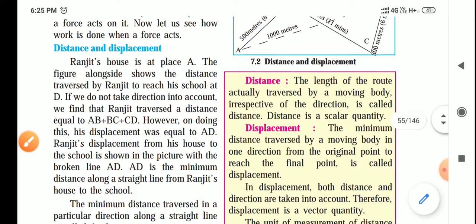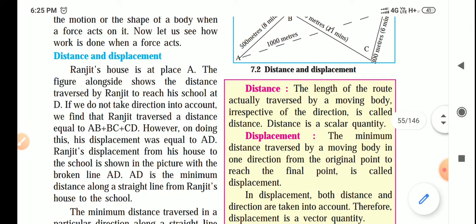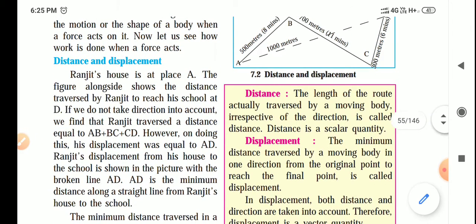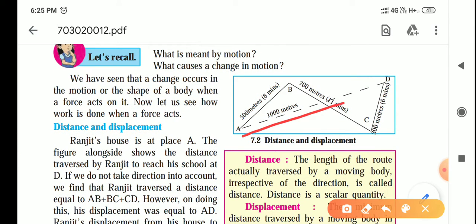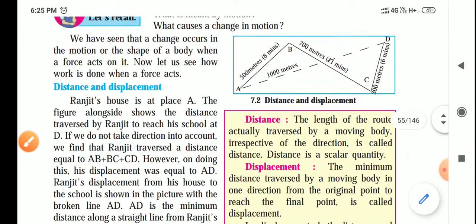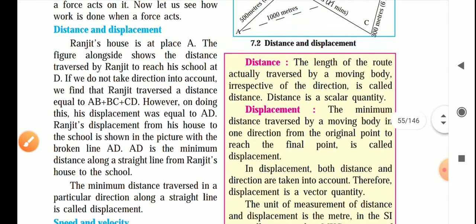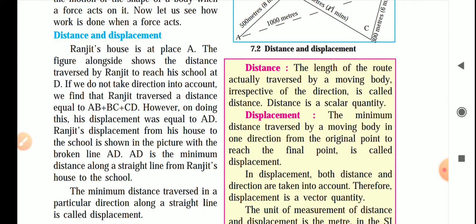So the minimum distance along a straight line from Ranjit's house to the school is AD. The minimum distance from Ranjit's house to the school is AD and it is equal to the displacement. So the minimum distance traversed in a particular direction along a straight line is called displacement.